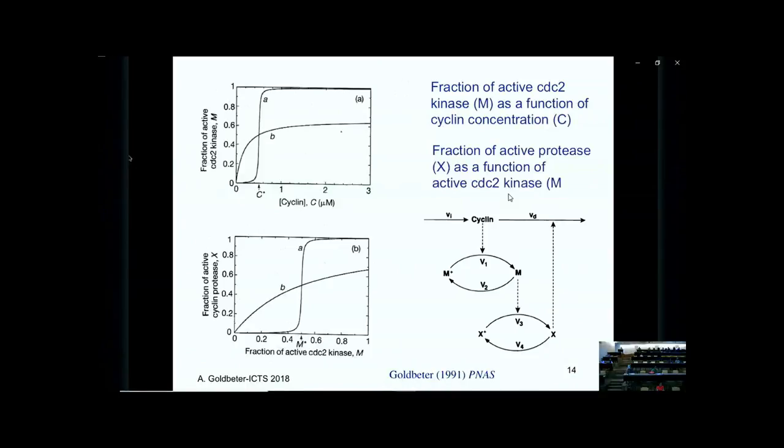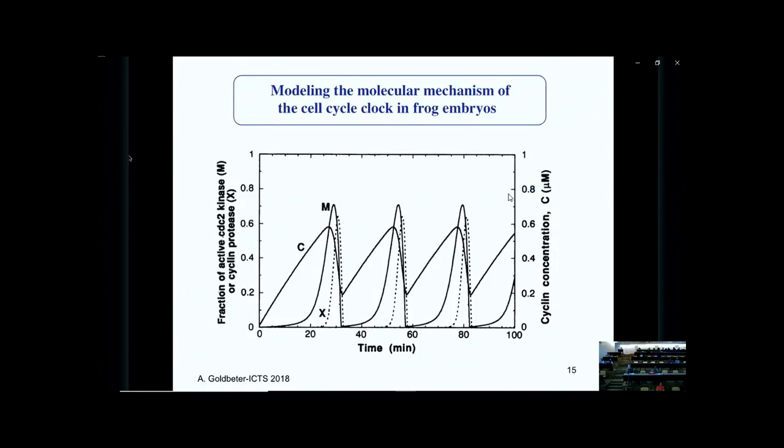What is remarkable is that the first time the three kinetic equations, which I showed, were integrated numerically, this is the curve which came out. So it's rather rare to have a system of three differential equations with a number of parameters. Maybe here there are 10 parameters. If you were to look for oscillations by randomly choosing the parameter values, it would take some time to reach an oscillatory behavior.